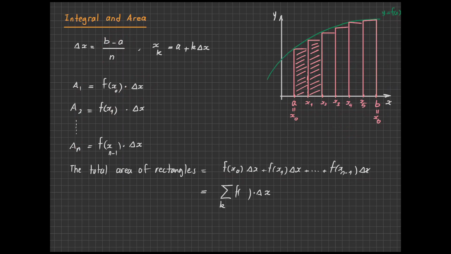Okay? And here I write x sub k, but the lowest value of k is 0, then k becomes 1, and k goes up to n minus 1. Yes, so this becomes k is equal to 0 up to n minus 1. So this is the formula that you get for the total area of these rectangles.